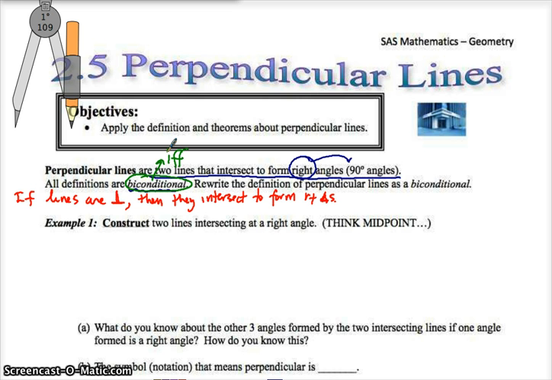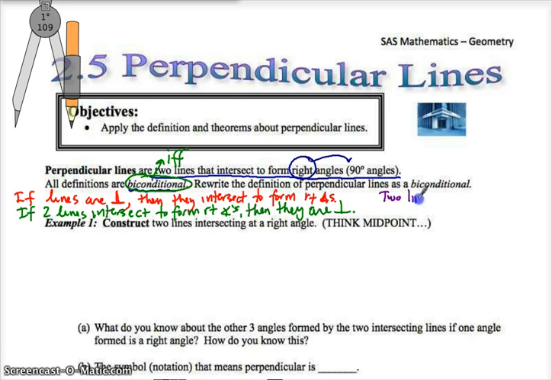The converse would say, if two lines intersect to form right angles, then they are perpendicular. Right? So now the biconditional is to put these two things together.